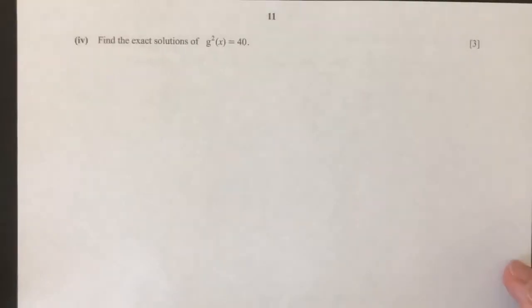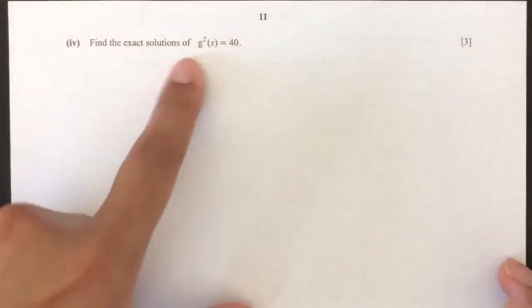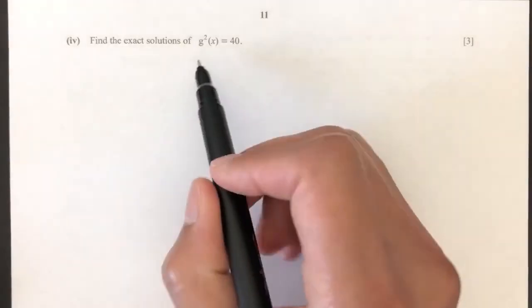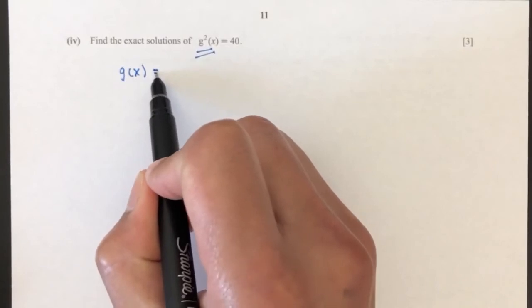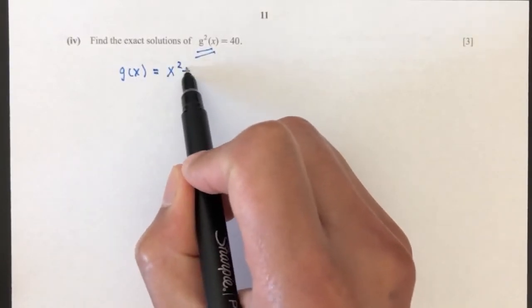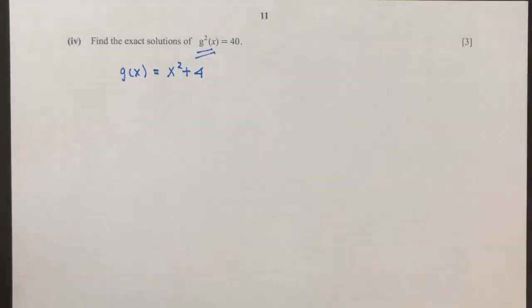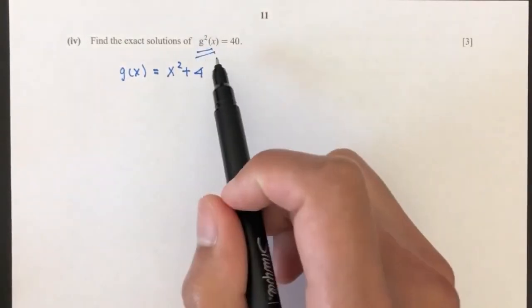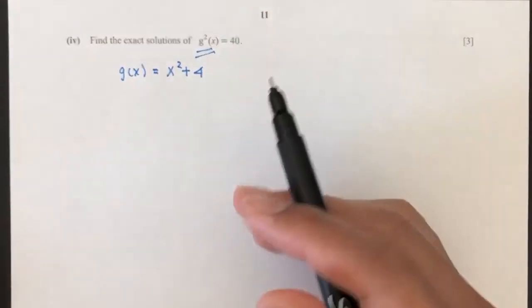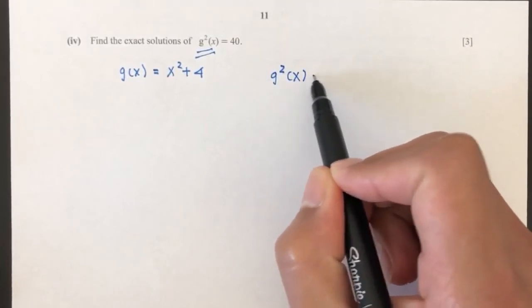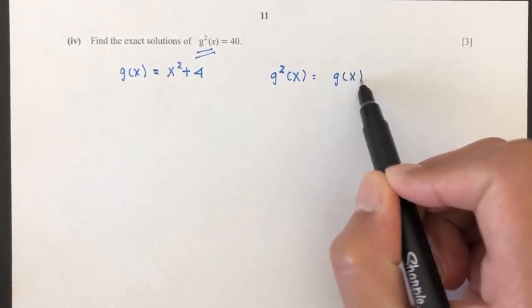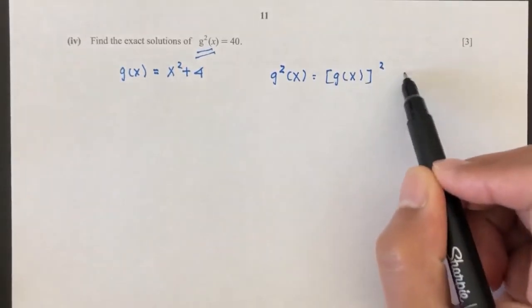Now to part 4, find the exact value of this. So first we have to find this. We know that g of x is equal to x squared plus 4. So this happens almost all the time. When we think about g squared of x, we think about gx squared, but it is not the case.